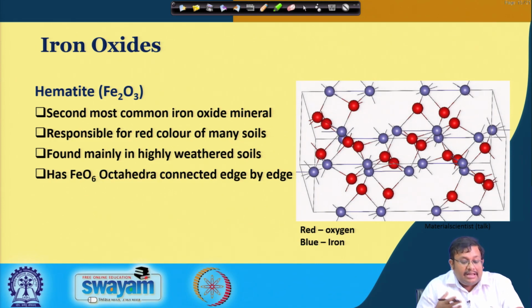It is mainly found in highly weathered soils, as we have already discussed that these oxides are basically present in highly weathered soils because of chemical weathering, and it has FeO6 octahedra connected edge by edge. So, this is basically the structure of hematite, where these red dots are showing the oxygen, whereas these blue dots are showing the iron.